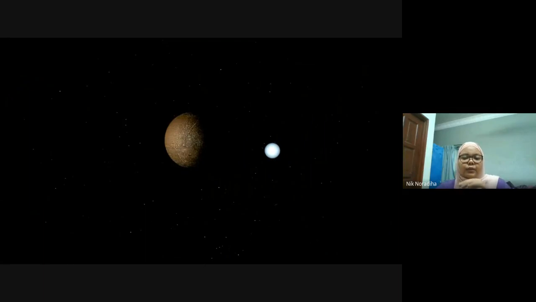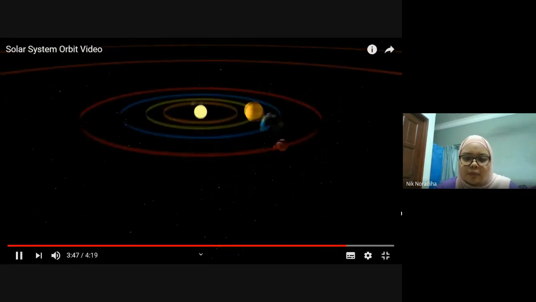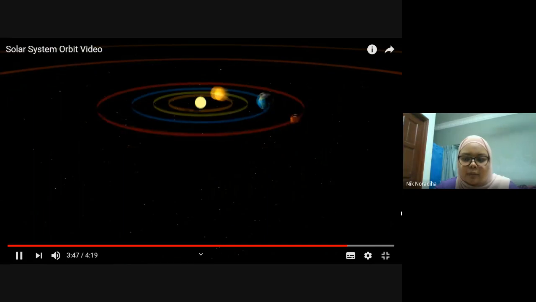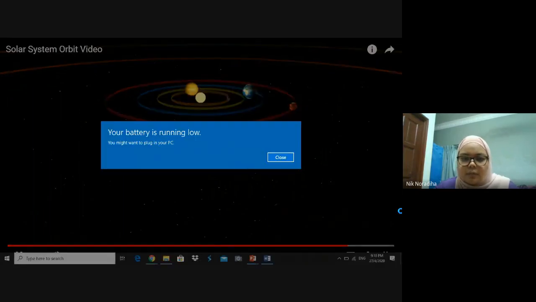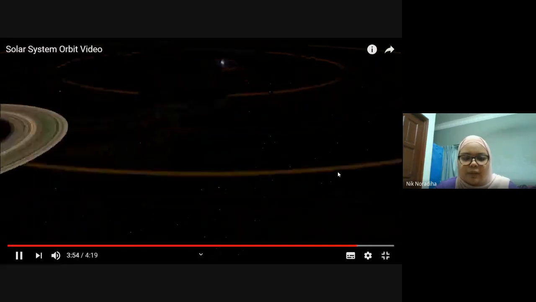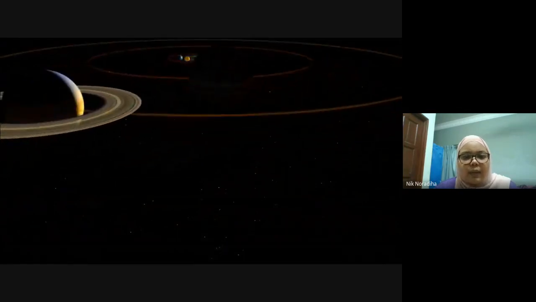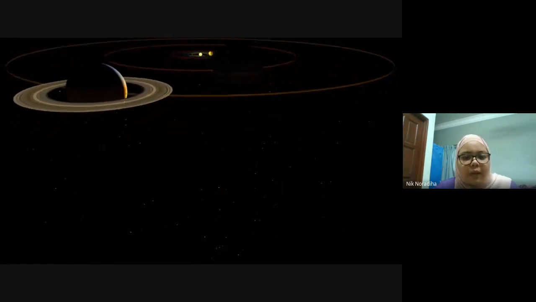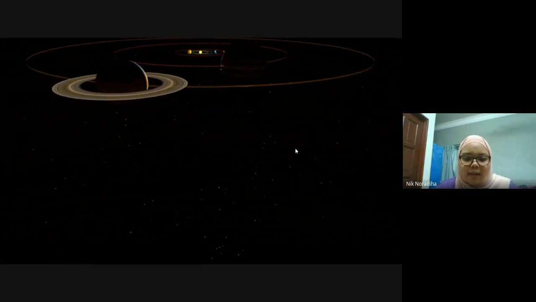That's why Allah Subhanahu wa Ta'ala already created our solar system in the best way. Alright. So the planets are moving, rotating, and revolving around the sun in their own path.